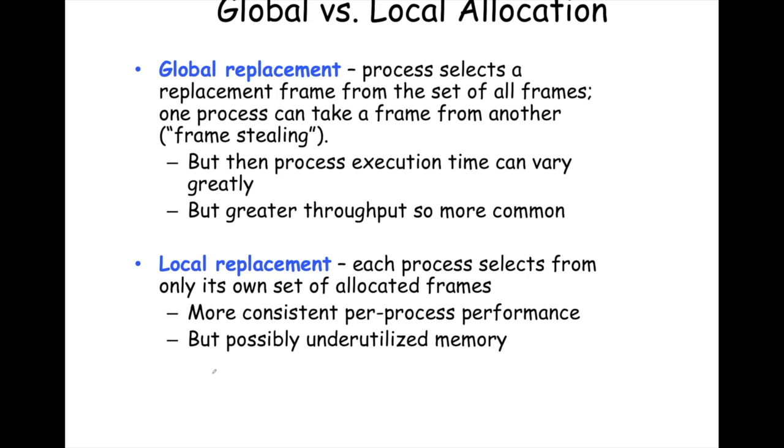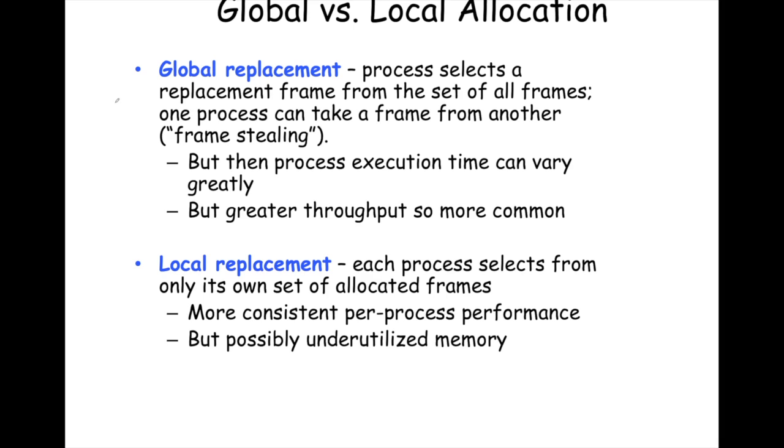But the execution time can vary greatly, because if you evict a process's page out of an existing frame that was allocated to it, it might refer to it later, incurring another page fault. So another approach is local replacement. With local replacement, each process is going to select only from its own set of allocated frames. So process P1 is only going to select victims from frames that belong to process P1.